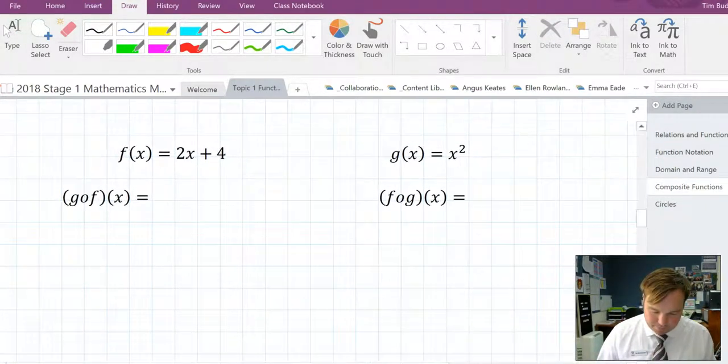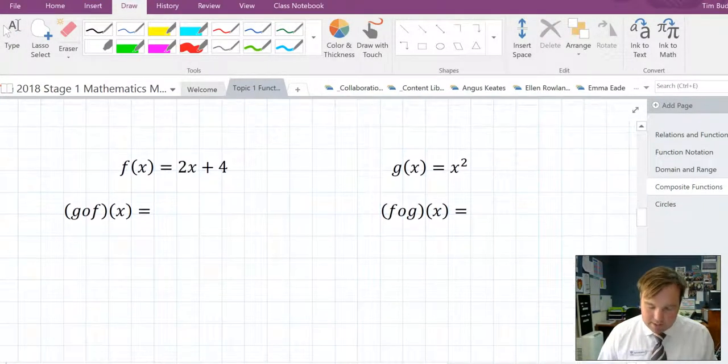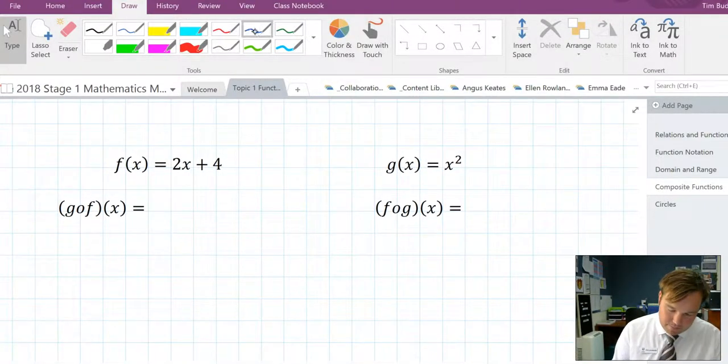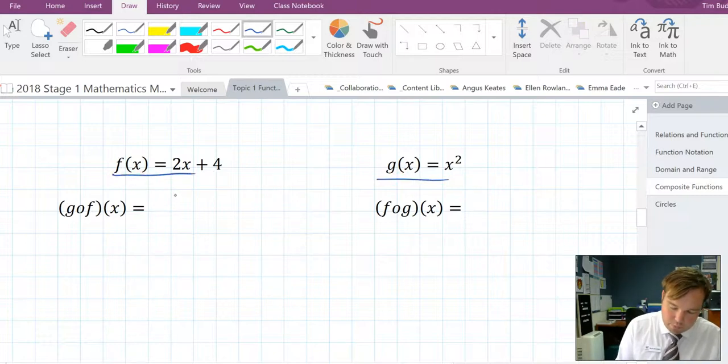Alright. Let's look at this example, but look at it two different ways around. Here, we have f going inside g. So if f goes inside g, with these two here, we have 2x plus 4 all squared, which comes out as 4x squared plus, what's that, 16x plus 16.